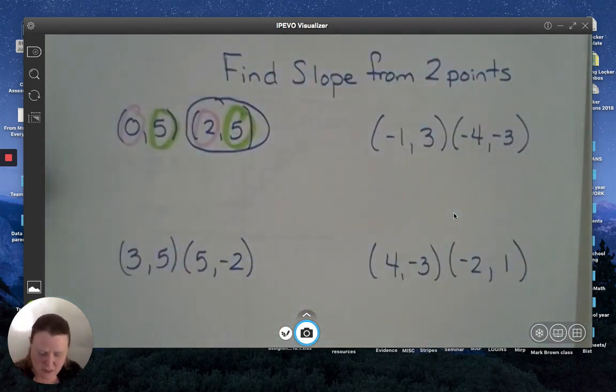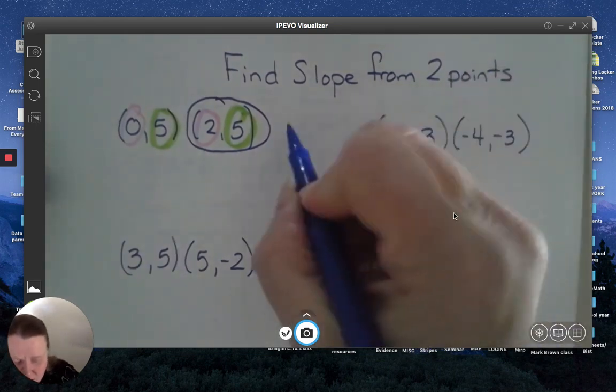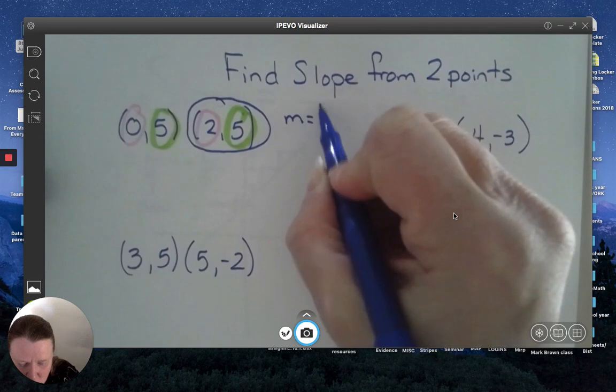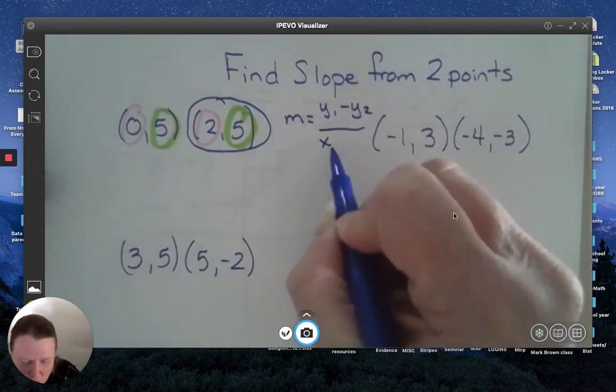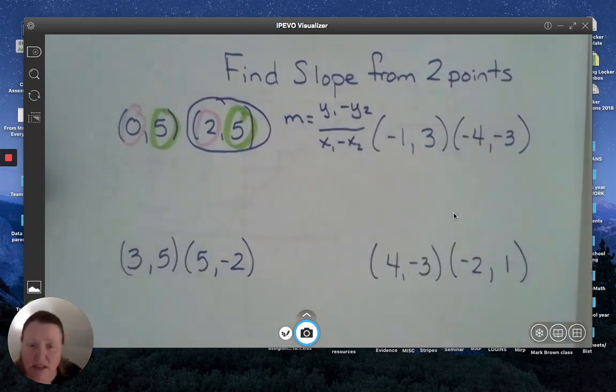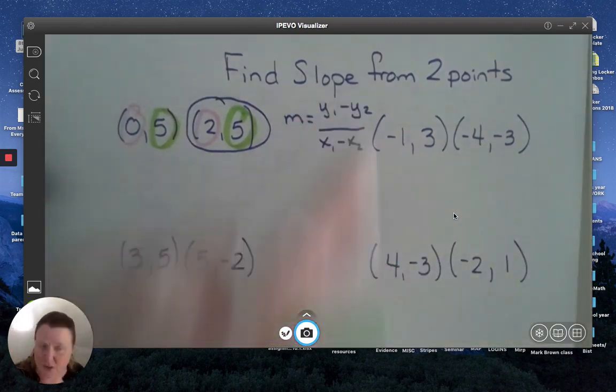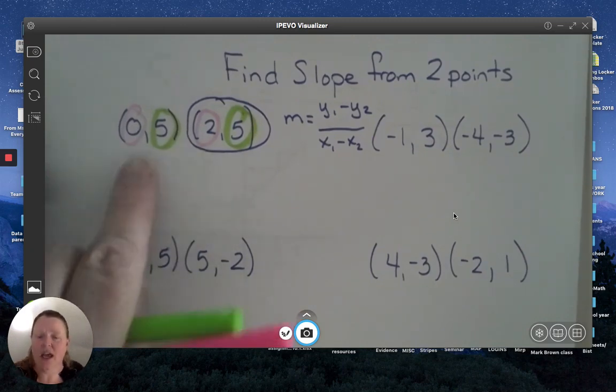And now that's going to be important because when I write my equation, let me color code it for you so you can kind of see it. The slope formula is m is equal to y1 minus y2 over x1 minus x2. Now some teachers like to put the 2's first and the 1's separate. It really doesn't matter because you're the one who got to pick which one was first and which one was second.